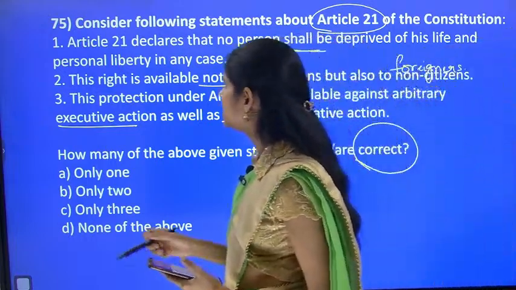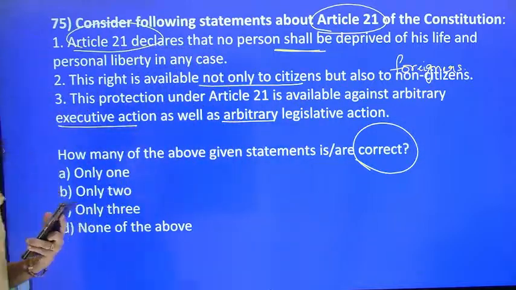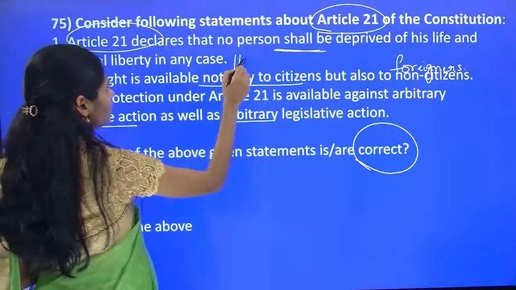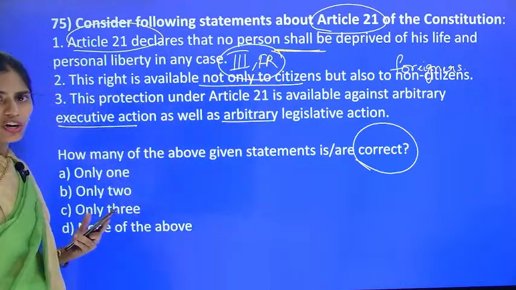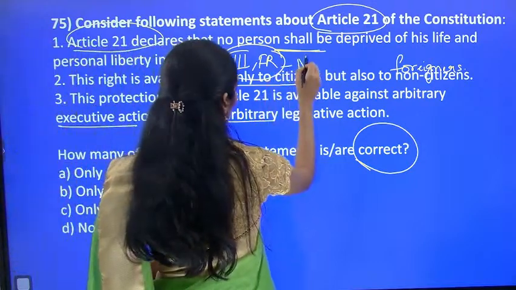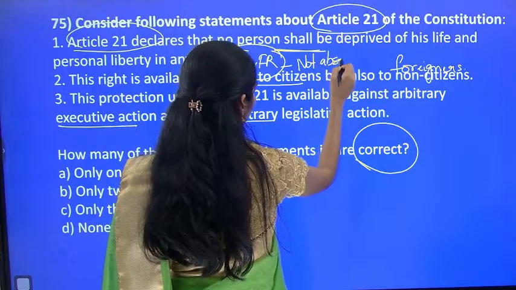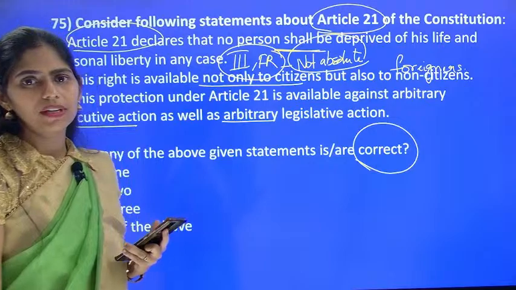Okay, let us see Article 21. Which part does it come under? That is Part 3 of the Indian Constitution, under fundamental rights. Are these fundamental rights absolute? No, they are not absolute. There can be reasonable restrictions on these fundamental rights.